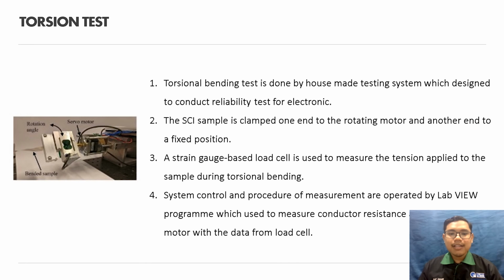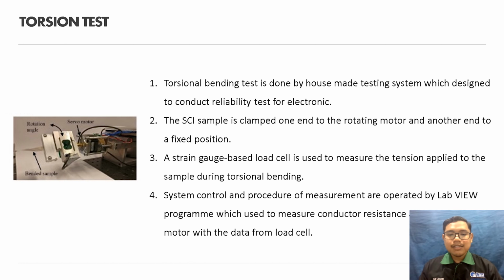For the torsion test, the procedure is, firstly, the torsional bending test is done by a house-made testing system, designed to conduct reliability tests for electronics. Second, the SCI sample is clamped at one end to a rotating motor and at the other end to a fixed position. Third, a strain gauge-based load cell is used to measure the tension applied to the sample during torsional bending.